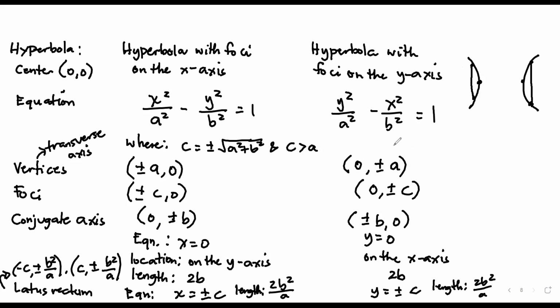How about if the foci on the, excuse me, on the y-axis? Pagbabalik ta rin nyo to. Okay, so we will have positive, negative, b squared over a, negative c, and positive, negative, b squared over a, c. Okay?